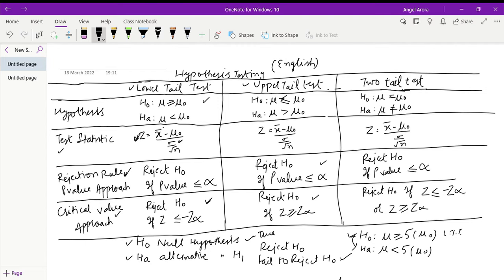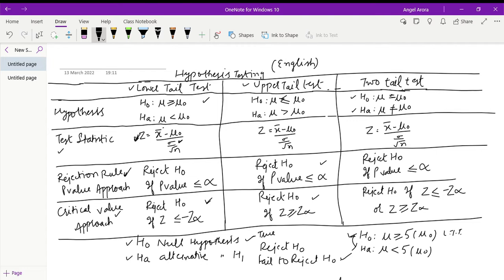So if the null hypothesis says that the mean is equal to the hypothesized value of the population mean, then the alternative hypothesis says that the mean is not equal to the hypothesized value of the population mean. As we know, the null hypothesis and alternative hypothesis are mathematically opposite to each other. So this is the two-tailed test. Only one sign here, the equal to sign.